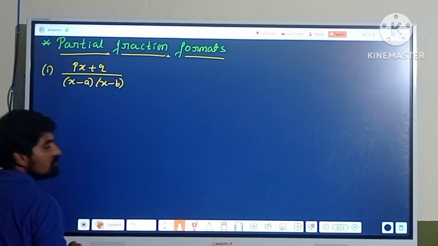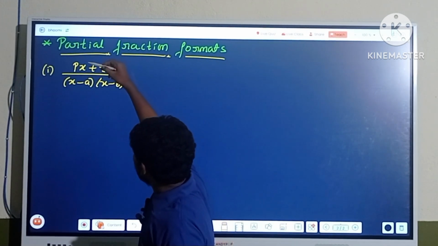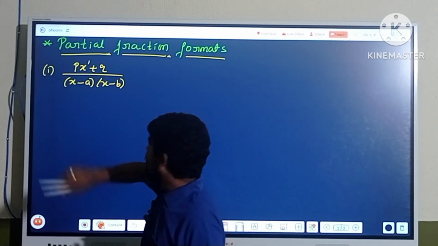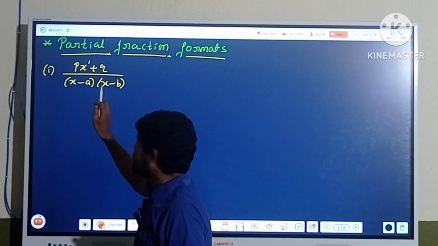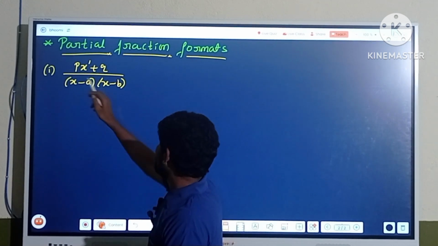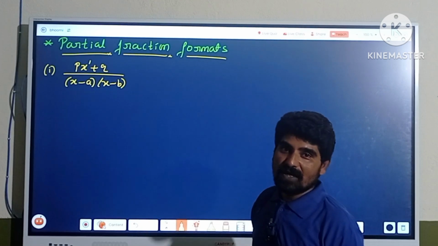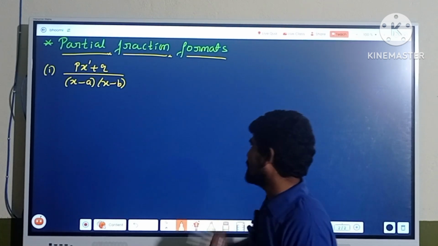Observe here, this is a proper rational function. Why? Because the degree of the numerator is 1 and the degree of the denominator, (x - a)(x - b), whose highest power of the variable is 2. Hence the degree of P(x) is less than the degree of Q(x). Therefore, this is a proper rational function.